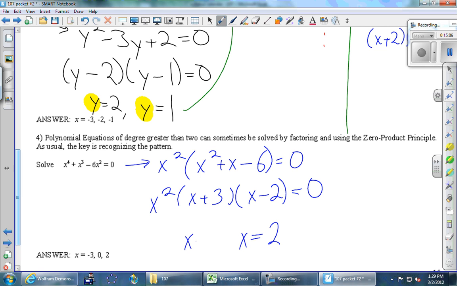Here, -3. There's one more answer. If you have not written down a third answer, you've missed one. See if you can find the third answer besides those two numbers. What is the third answer?